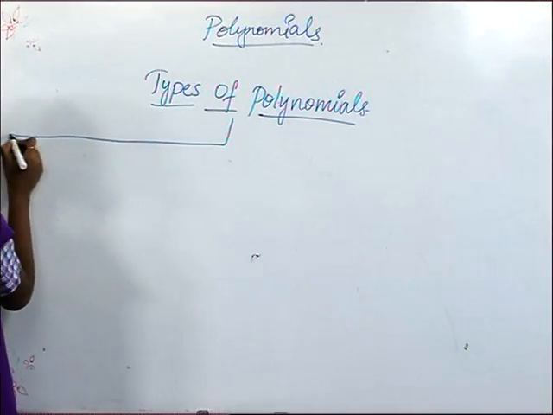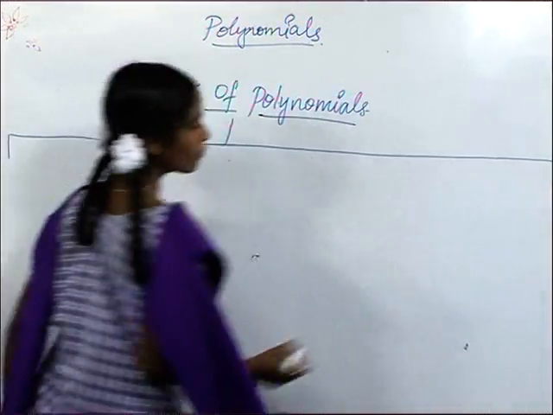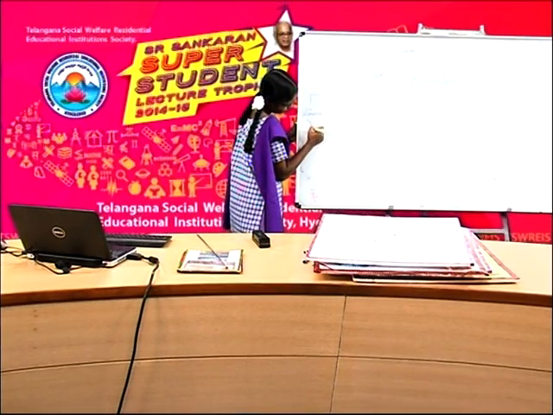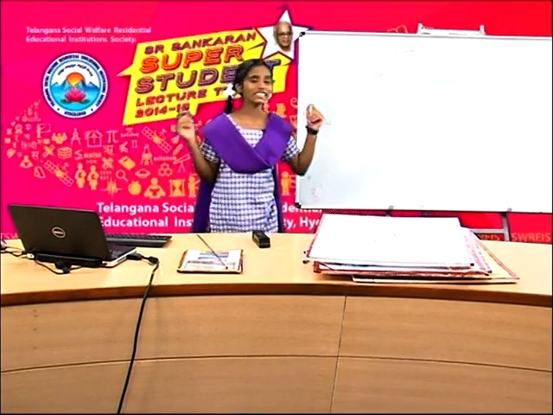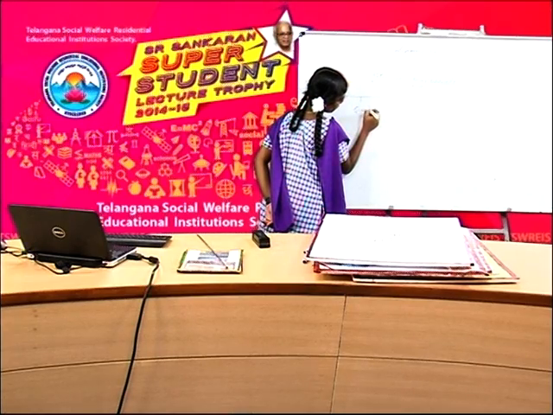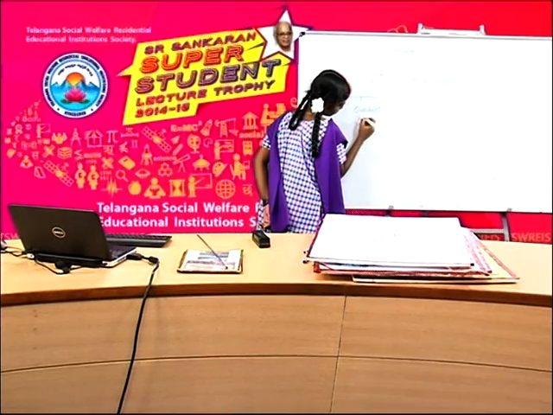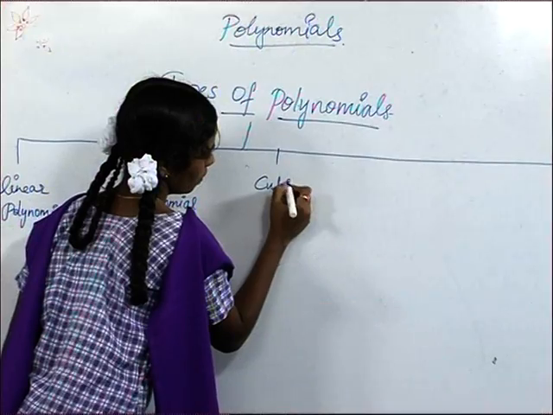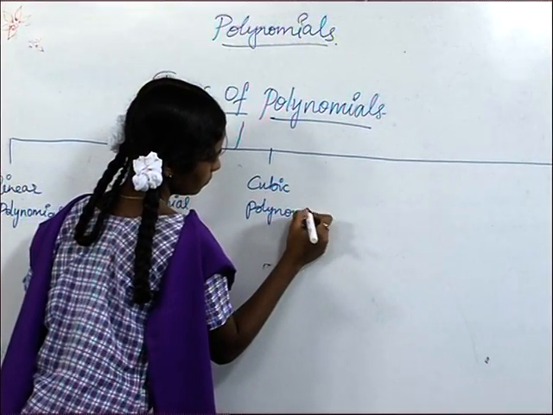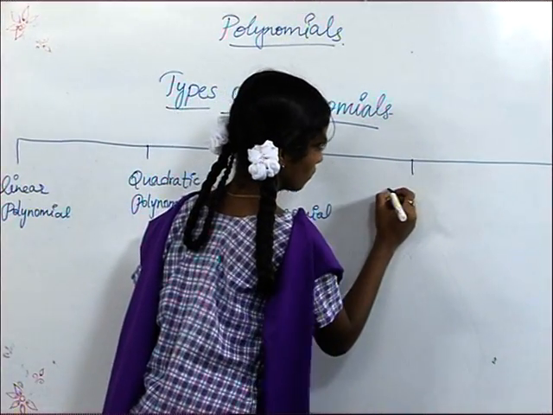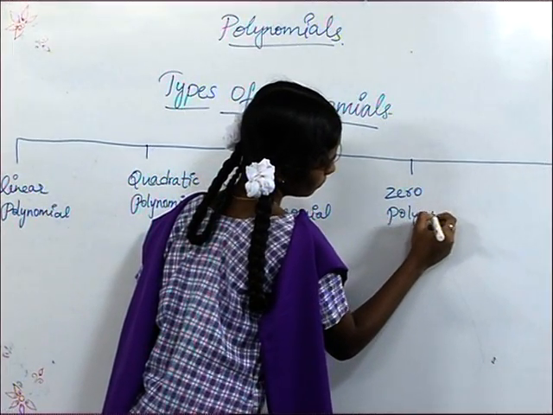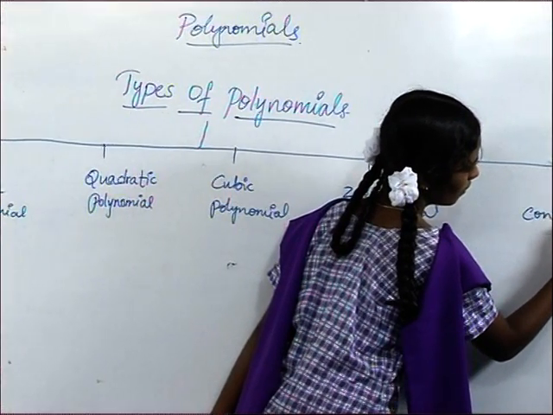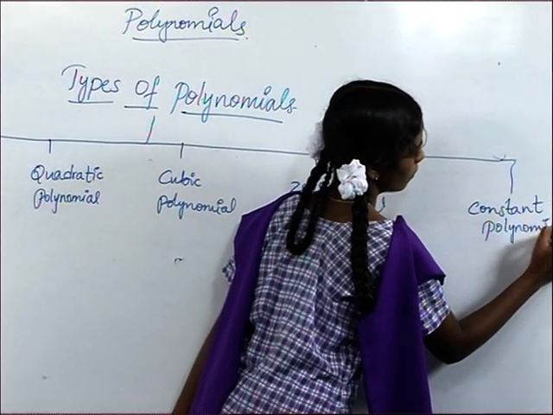Types of polynomials. Friends, in types of polynomials, we have a linear polynomial, quadratic polynomial, cubic polynomial, zero polynomial, and the last one is constant polynomial.